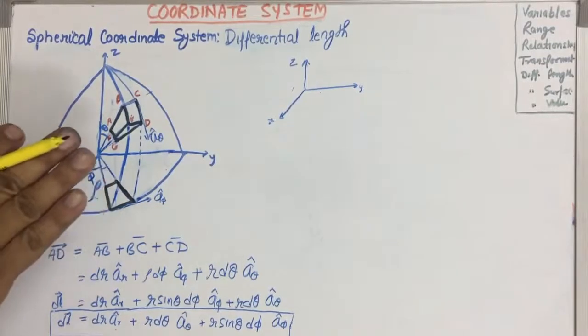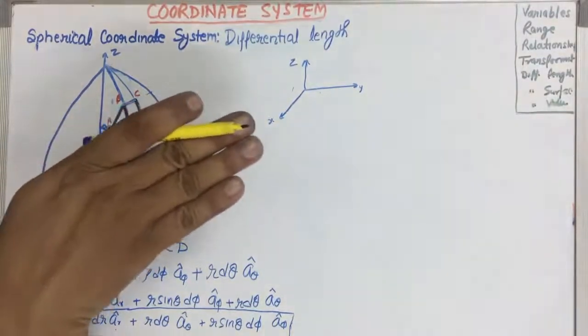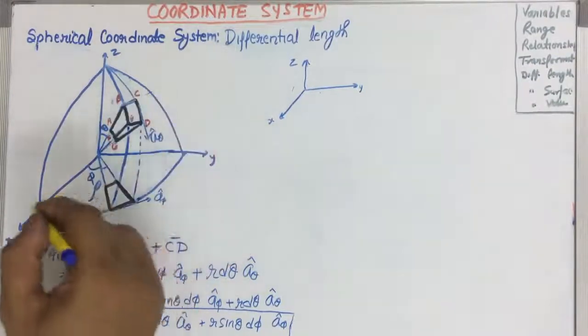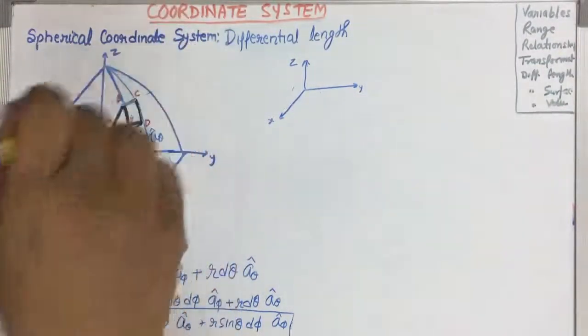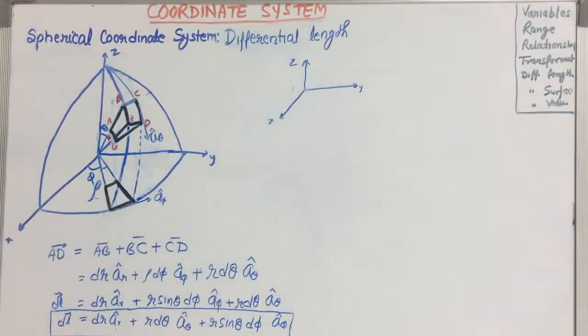A phi is normal to the surface and parallel to the xy plane, a theta is tangential, and a r is normal to the plane. So in this way all are orthogonal. In this way we came to know the differential length.